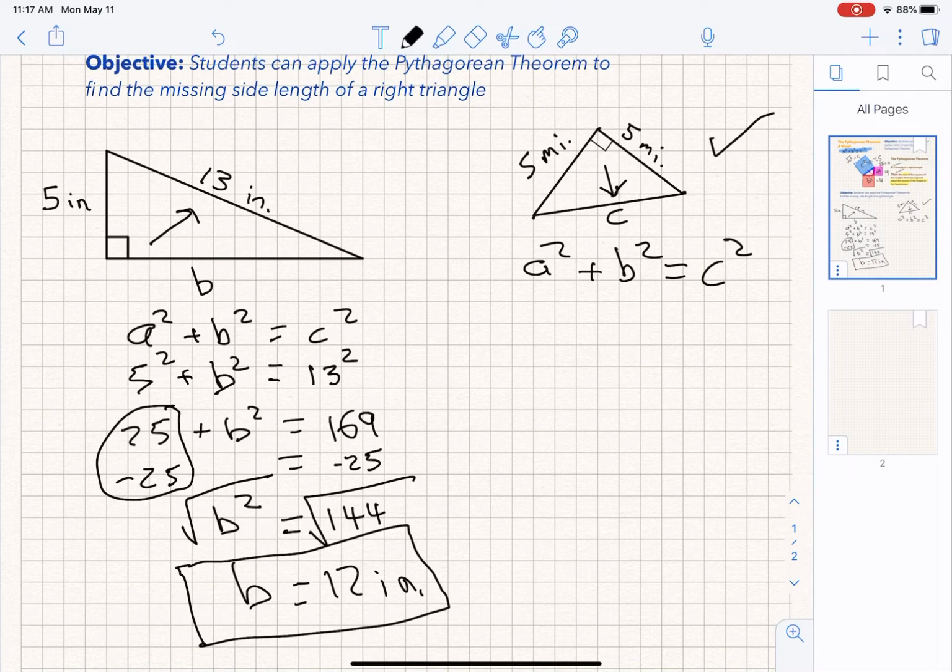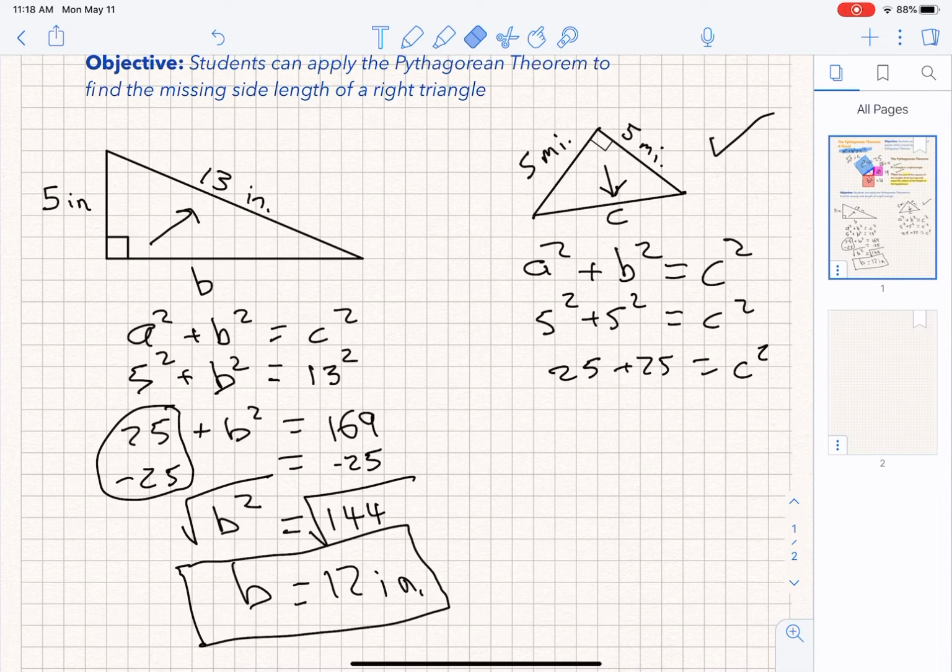Okay, so a squared plus b squared equals c squared. In this case, it's c we don't know, so we leave that alone. Both a and b are 5, conveniently. 5 miles, 5 miles. 5 miles squared is 25 square miles plus 25 square miles equals c squared.